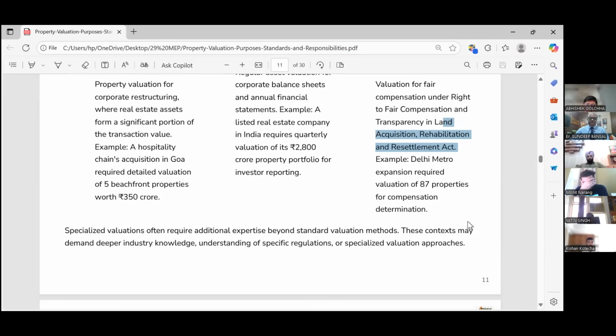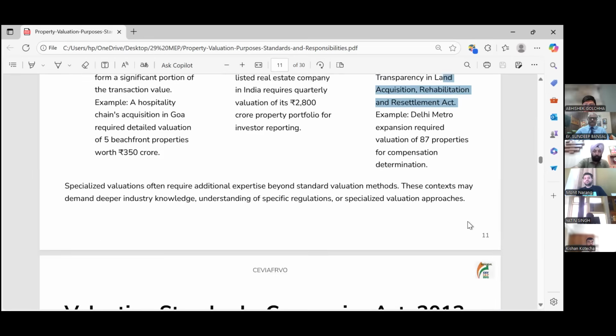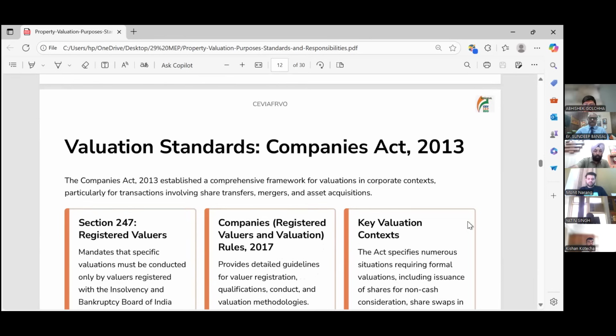So only these three approaches, market approach, cost approach, and income approach, may not be enough. You have to go for additional expertise beyond your standard valuation method for such types of valuations. And then you must know valuation standards. What are the valuation standards?